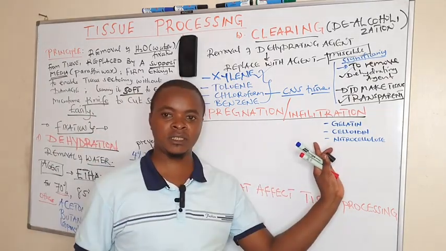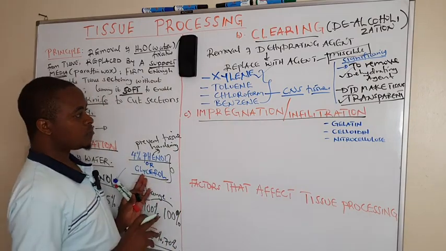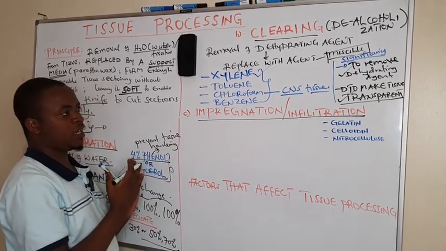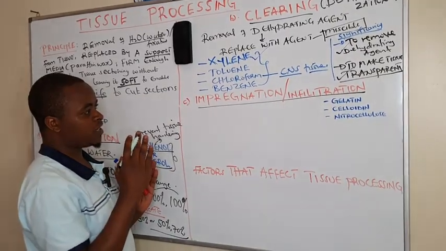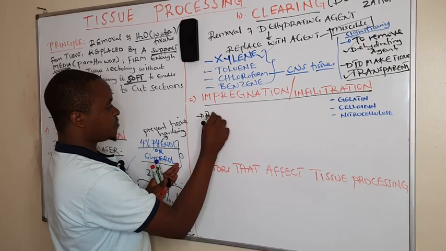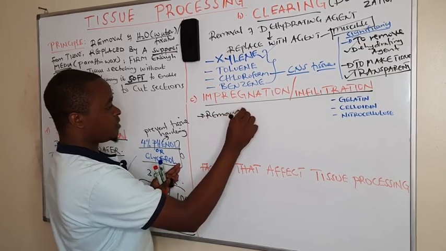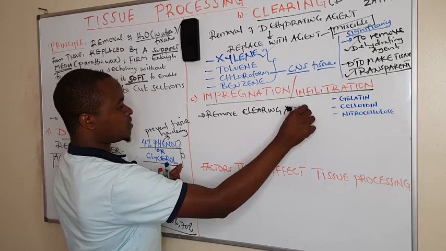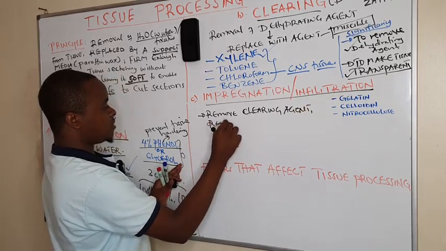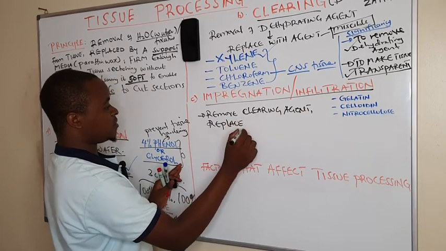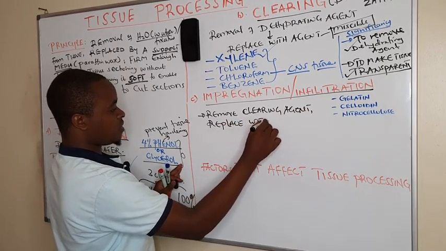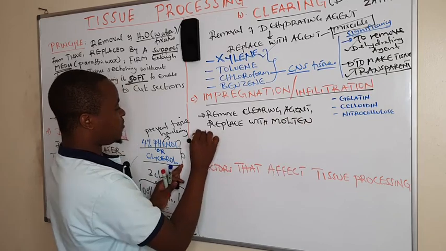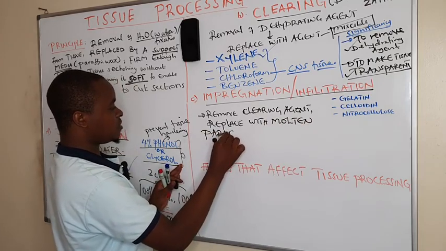Impregnation or infiltration is whereby, after removing the clearing agent, we replace it with molten paraffin wax, which is the most commonly used.